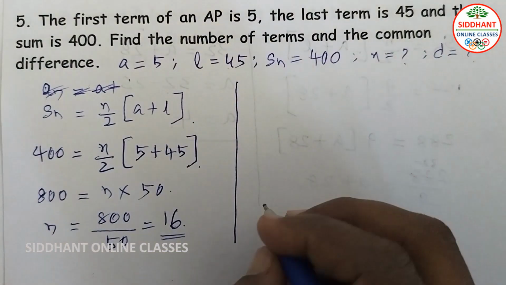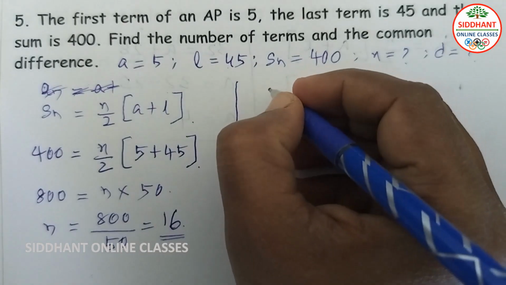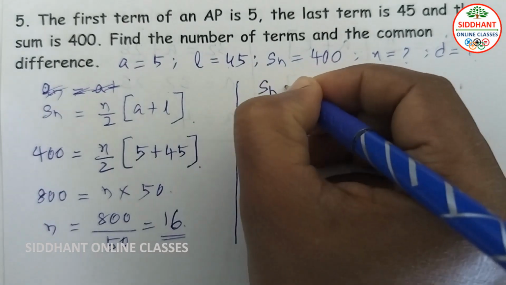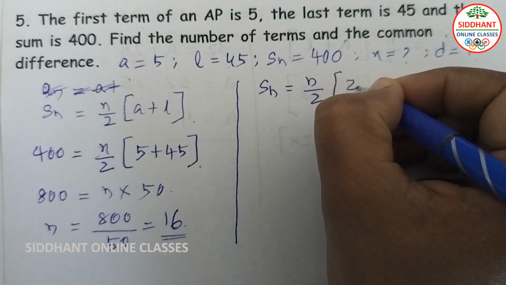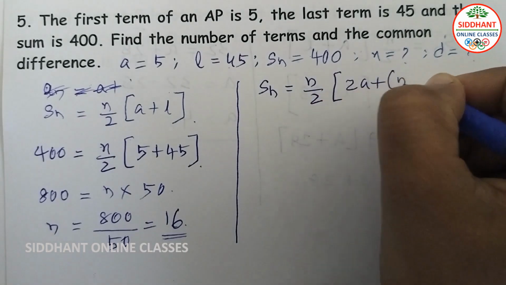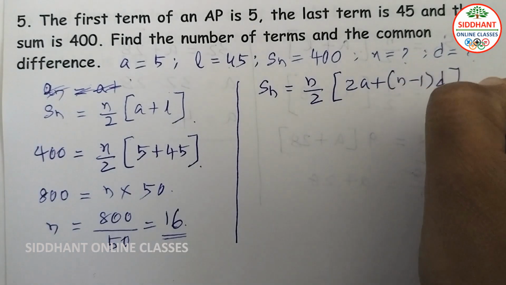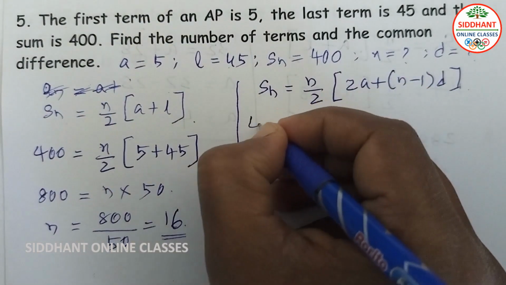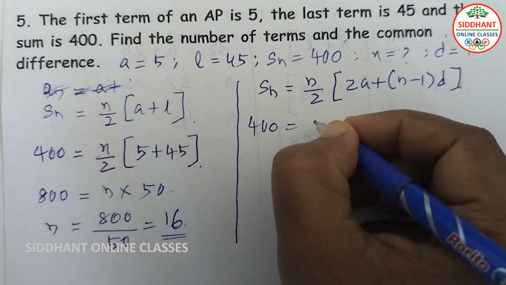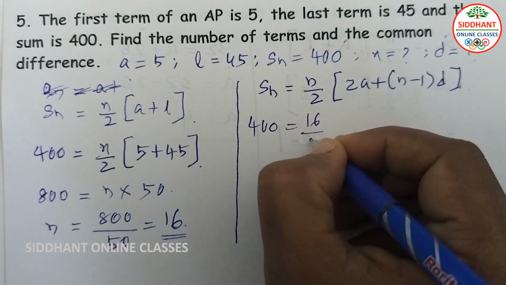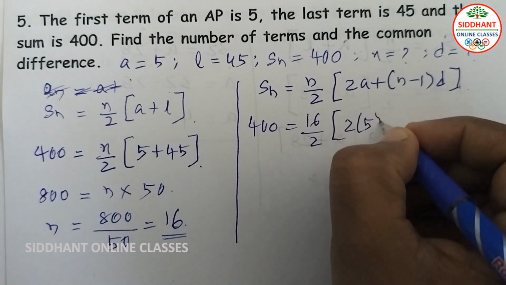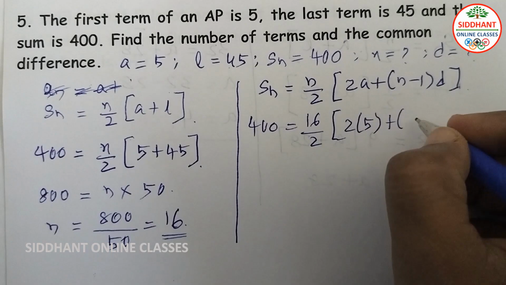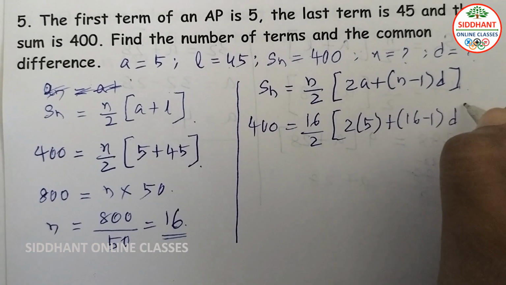Now we find the d value. Sum = n/2 (2a + (n − 1)d). The sum is given, which is 400, equal to n, which is 16, by 2 into (2a, where a is 5, plus (n − 1), where n is 16 minus 1, times d), and d we are going to find.